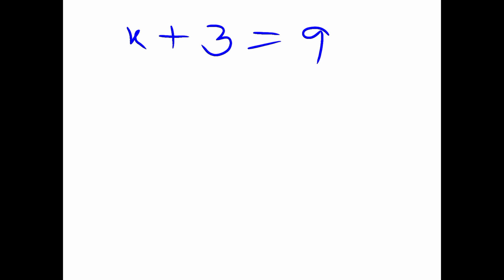Now you can easily say how this is a linear equation in one variable. This is because it has only one variable x, right? And the highest power of this equation is 1. So that means this is a linear equation in one variable.